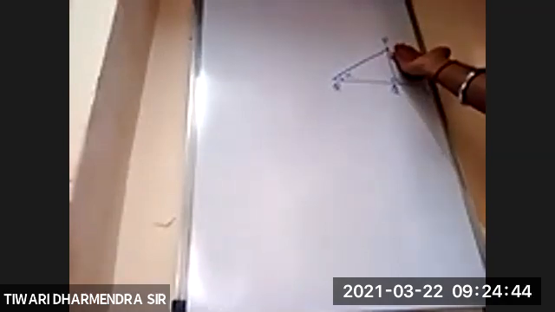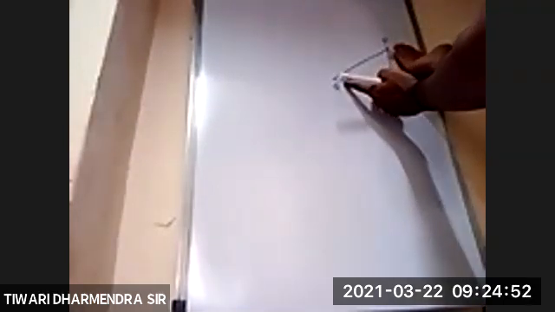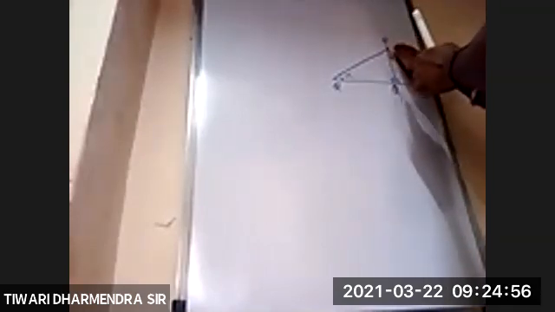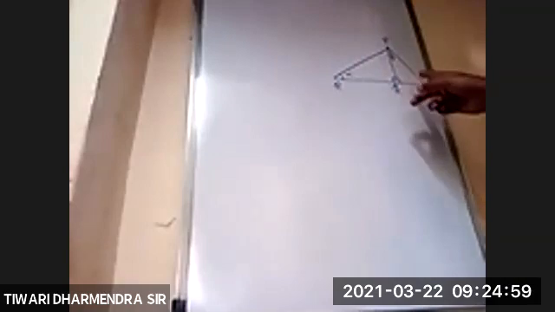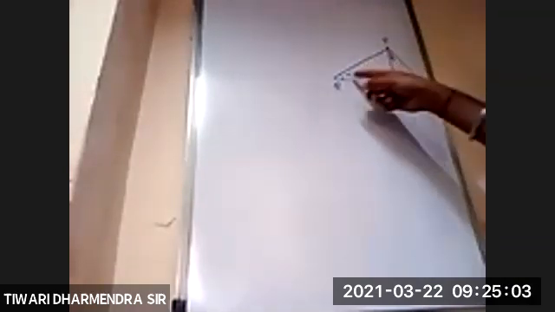If we are dealing with the angle alpha or angle R in triangle PQR, then the opposite to angle alpha is PQ. You have to understand this, otherwise you will make a mess. You will say side opposite to alpha is PS.